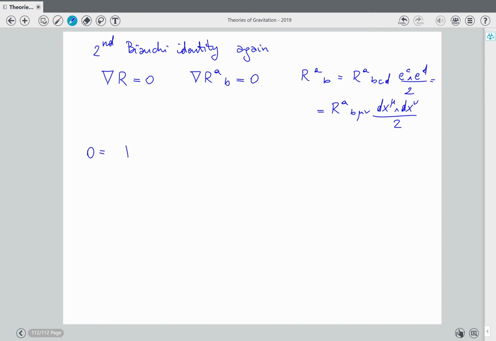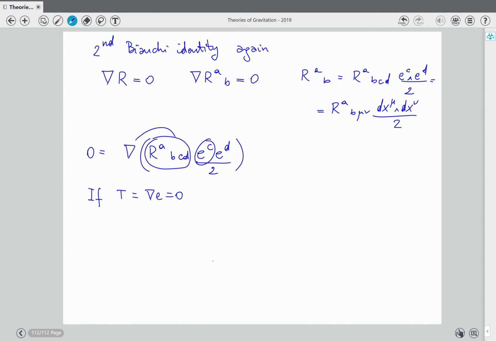0 is equal to del of R^AB_CD e^C e^D divided by 2. Now, if the torsion is 0, when you compute the covariant derivative, you apply the Leibniz rule, you have to act on this, and you also have to act there and there.